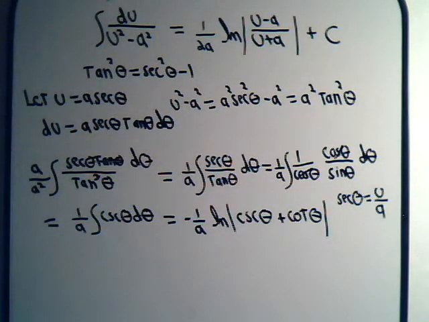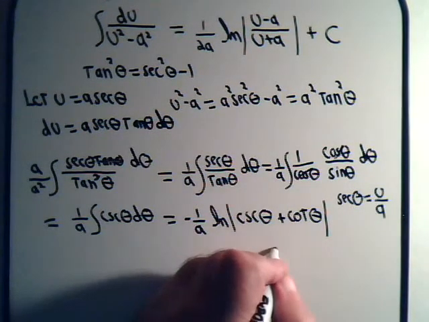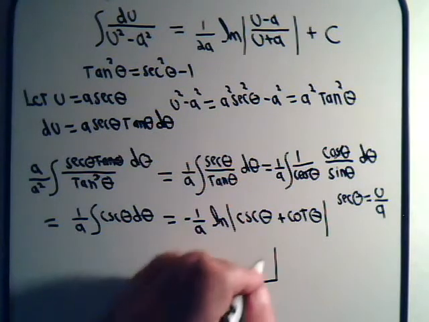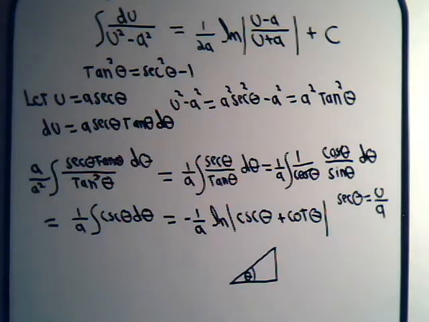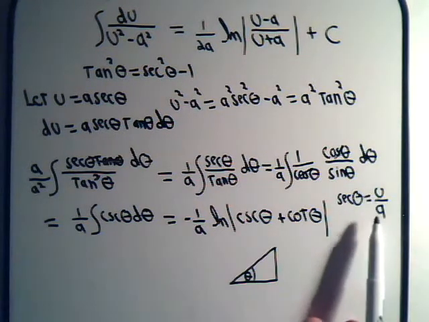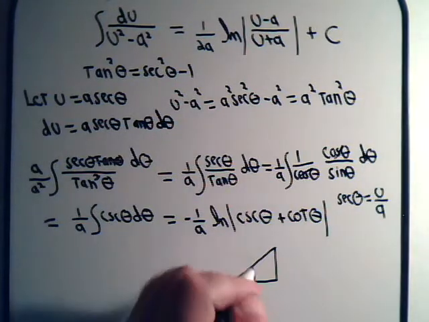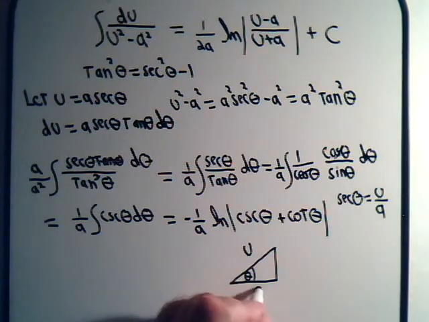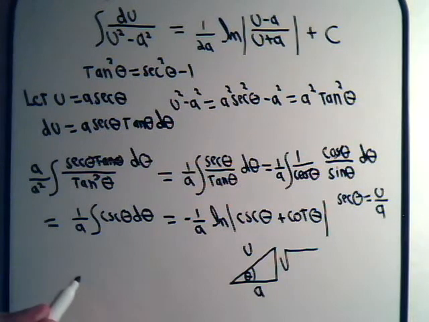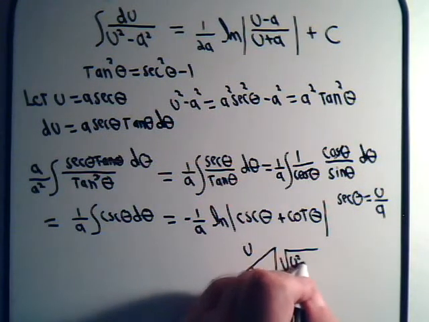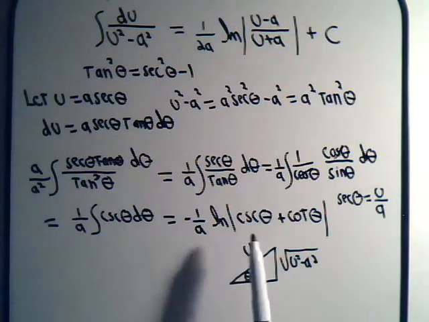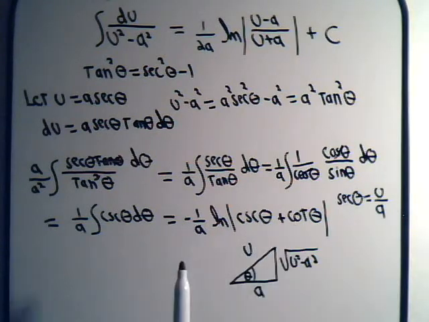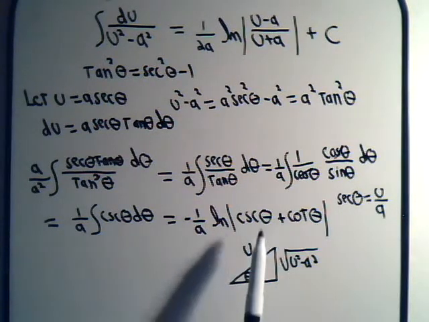So here's where we draw the triangle. Here's theta. The secant of theta is the hypotenuse divided by the side adjacent. So this is u, this is a, this is the square root of u squared minus a squared. And let's see, we can use this triangle now to get these theta functions in terms of the variable u.